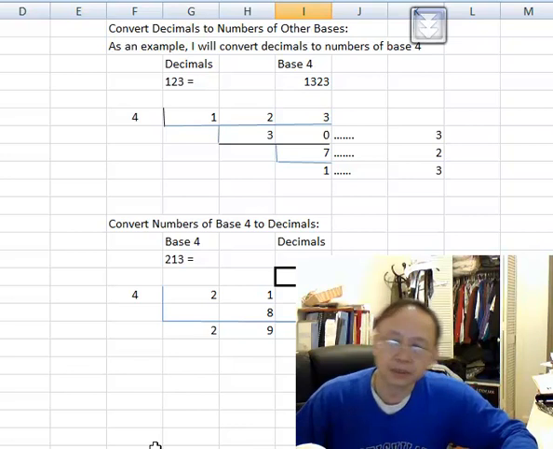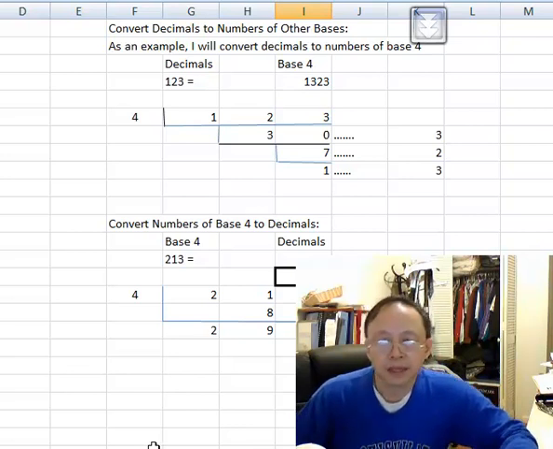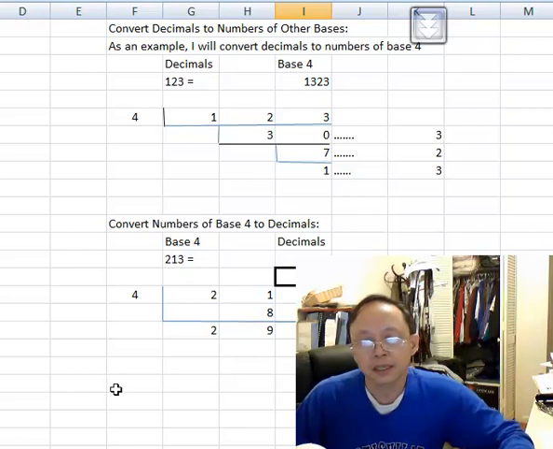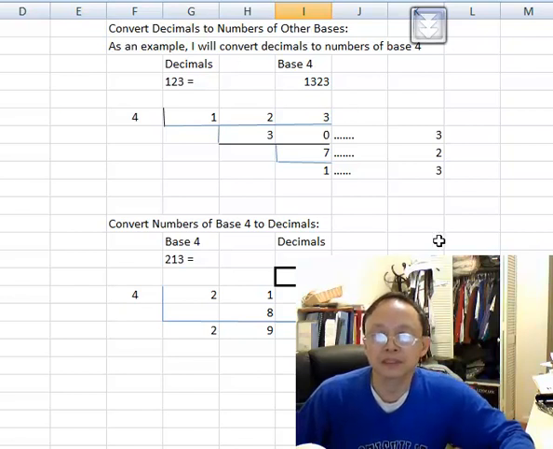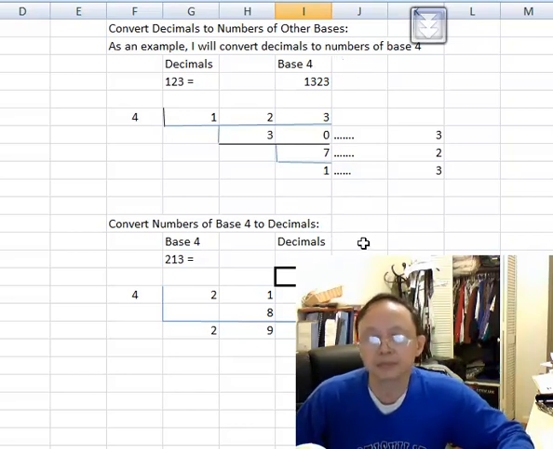So this approach is using synthetic division. And if you want to convert base 5 number, you use the same approach and then replace the 4 by 5. So this is the conversion between decimal number to base 4 number and from base 4 number to decimal number.